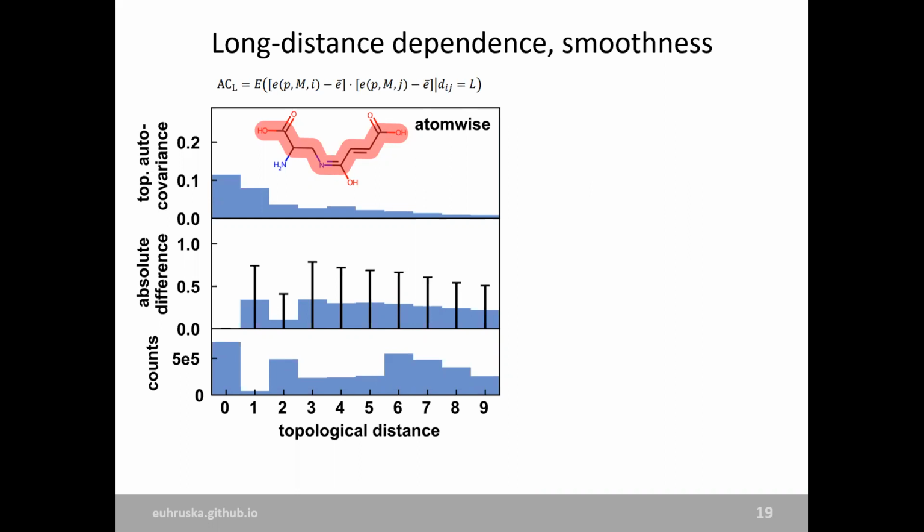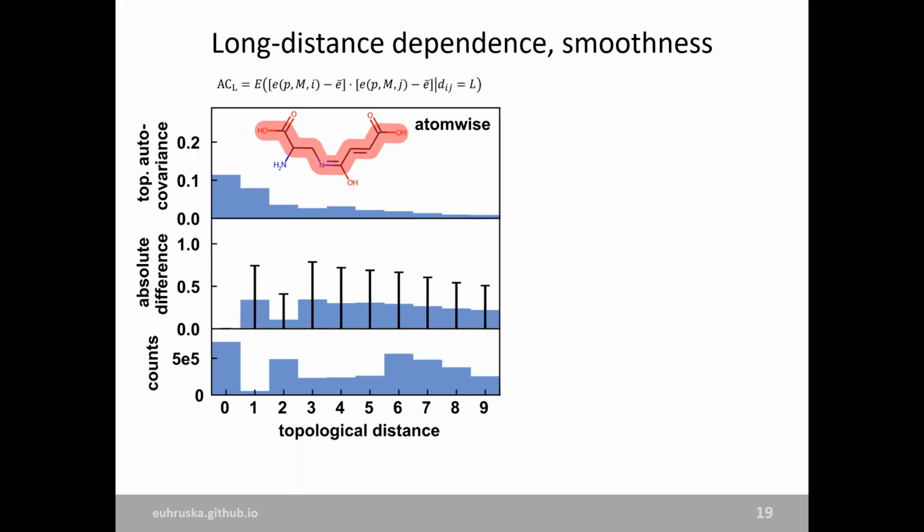The topological autocovariance is similar to the autocovariance, just in the space of distance of bonds. So if we have two nodes in a graph at a certain distance, we can calculate the autocovariance depending on the bond distance, the topological distance. So it's a conditional expectation on this distance.